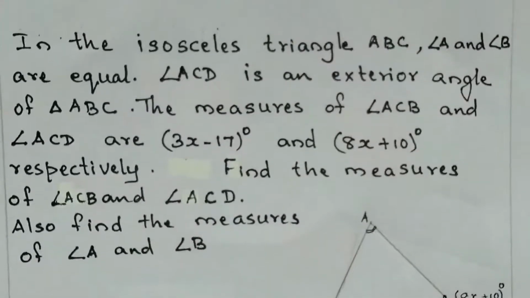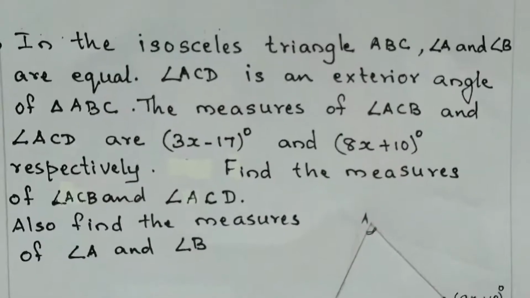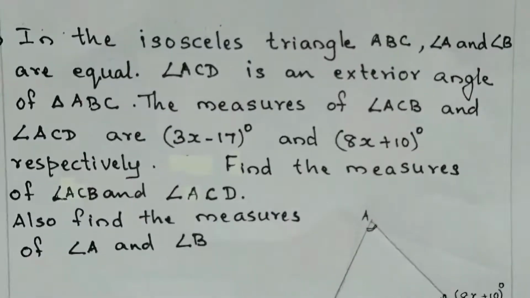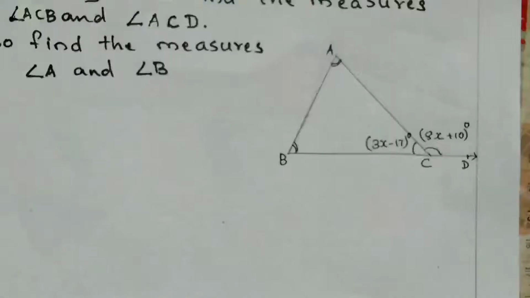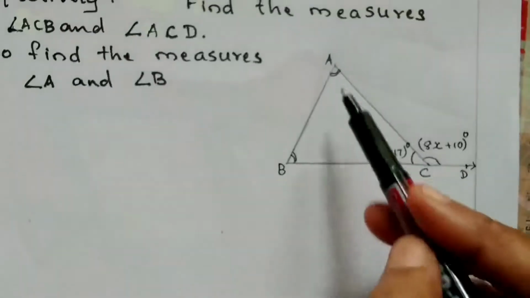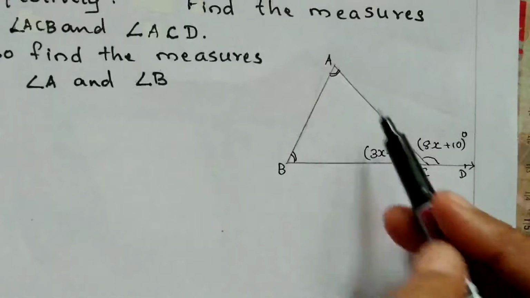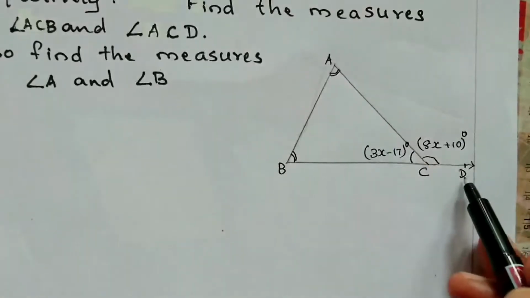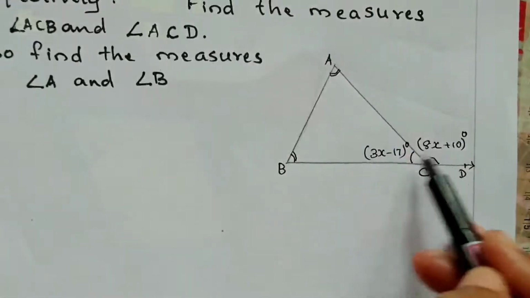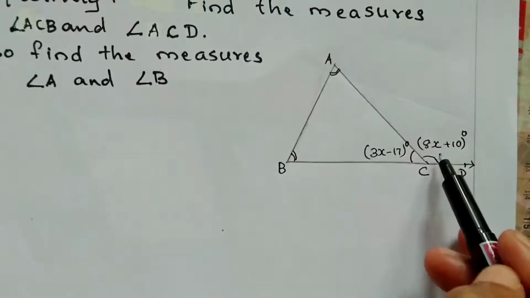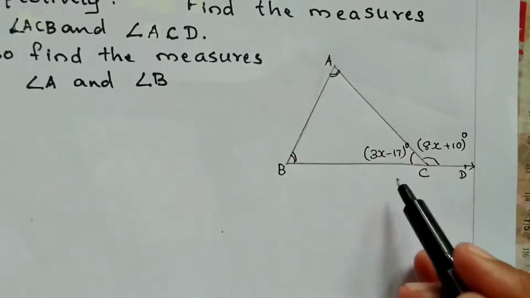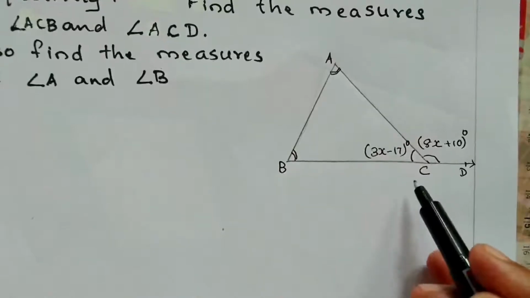The figure is not given, but let's draw a rough figure so it will become easier for us to solve the sum. This is the figure. ABC is the triangle. Angle ACD is an exterior angle and the 2 angles are given. So how will you solve? First we will have to find the value of x.